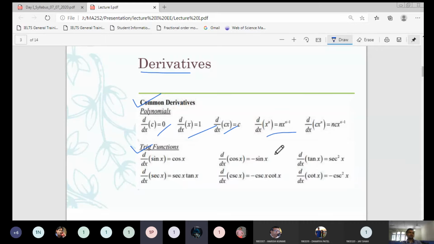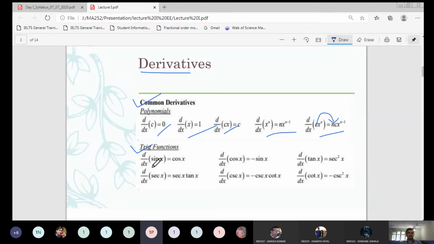Derivative of x raised to n is n x raised to n minus 1. Derivative of c x raised to n is c n x raised to n minus 1. C is a constant, so it stays outside. No change in c.